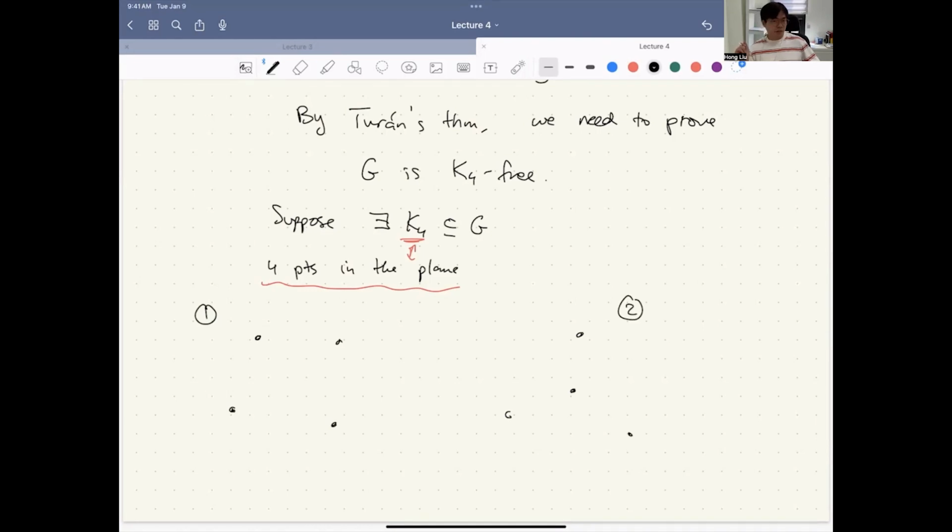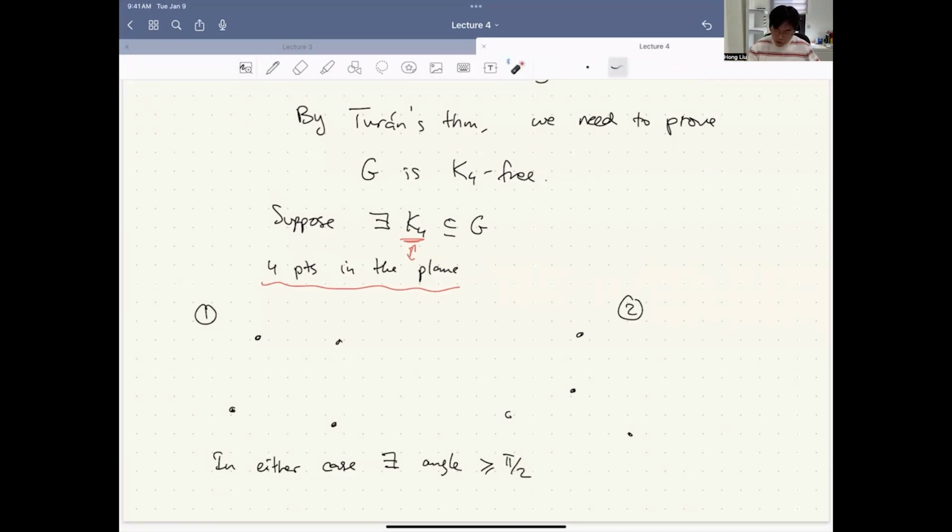In either case, there exists an angle of at least pi over 2. What do I mean by this? There exists a triangle with an angle at least pi over 2.